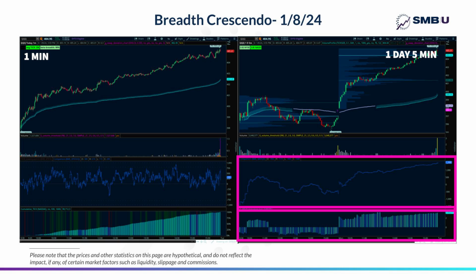Let's just get long at 9:30, right? But as the morning goes on, you just see that breadth is climbing and climbing and climbing. On these days, what we'll usually see is that by midday, the breadth is at a breadth extreme, and it's going to continue to climb into the close.